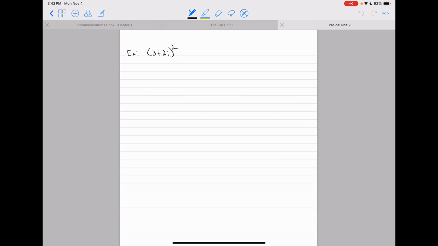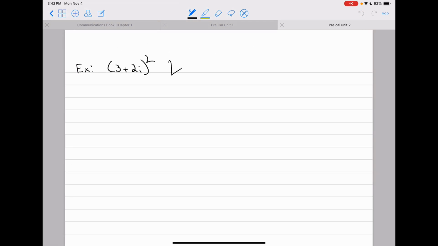Last problem. Why don't you do this one on your own? It says (3 + 2i) squared. Why don't you try it? All right, you paused it, you tried it. Hopefully you used the area model.